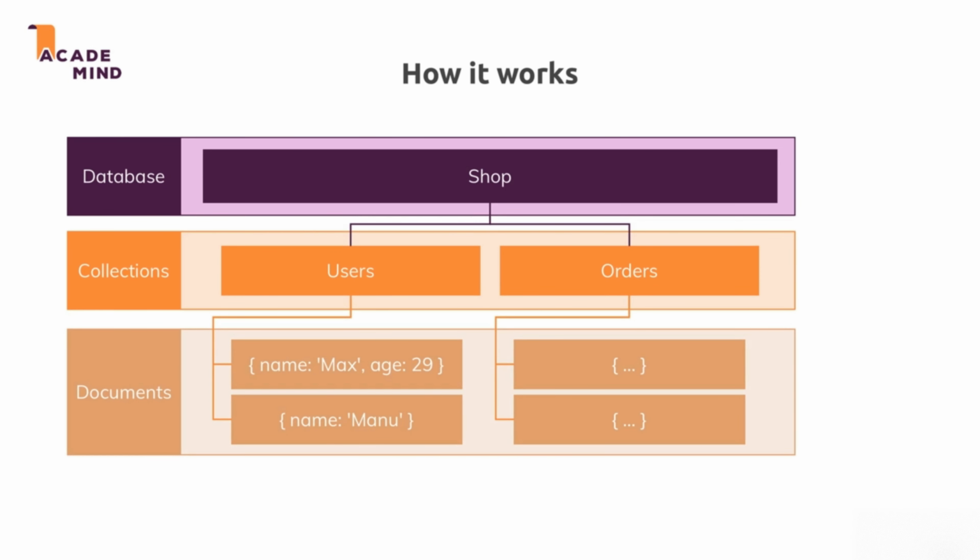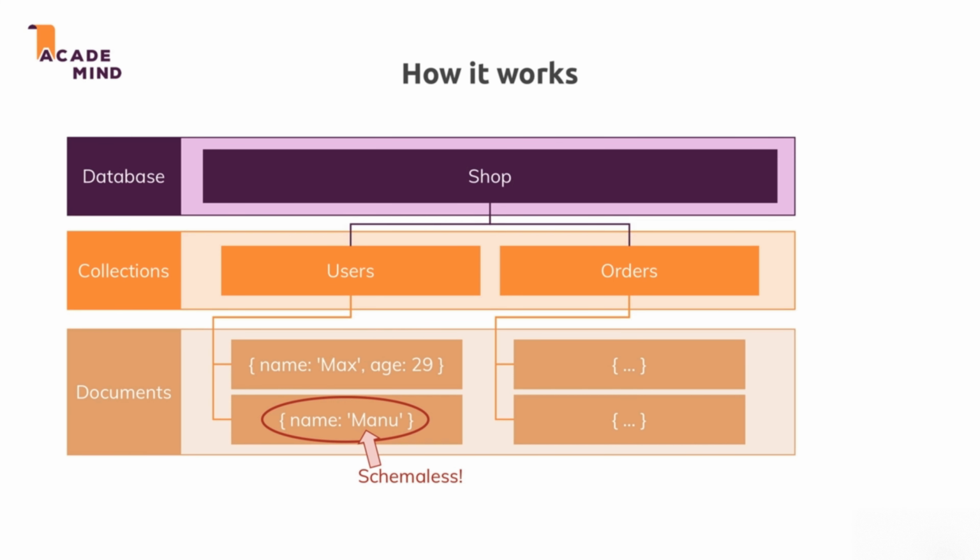And it's not just about different names being used. The core philosophy behind the database really is a totally different one. For example, MongoDB is schemaless. Inside of one collection, your documents, which is your data, your entries, so to say, don't have to have the same structure. In SQL, that was totally different. We had a users table there, and in that users table, we had an ID, a name, an email, a password.